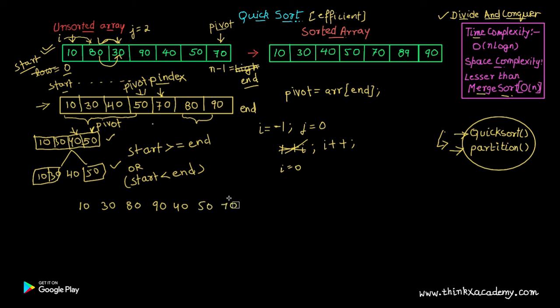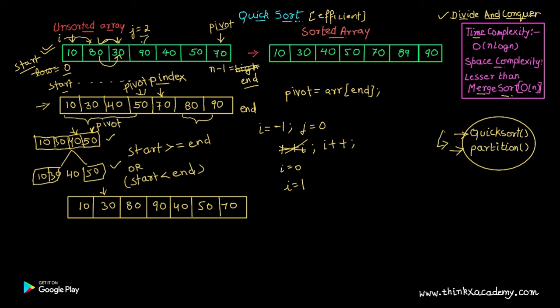So this will become our new array, and i is now pointing to the first index, so i is equal to 1 now. j was at the 2 position, and we will increment the value of j by 1.